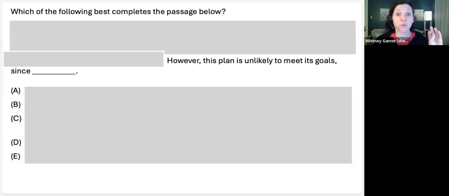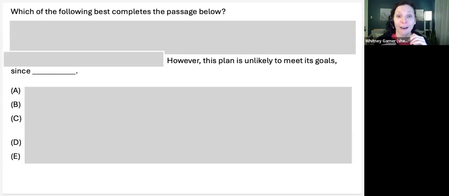They're going to describe some sort of plan. And everything they're going to say about this plan is going to make it sound like it would work. Right? It's going to be like, oh, this plan's great. This would work. In the same way that it was like, hey, if you take a low dose aspirin, that's good for you. So they're going to explain some sort of plan and why it would work. But then they're going to go, however, it's not going to work.